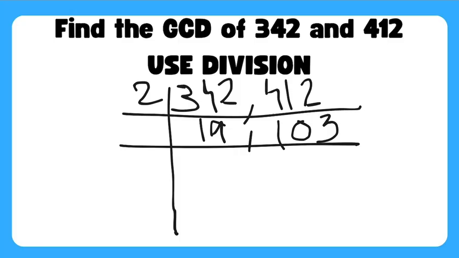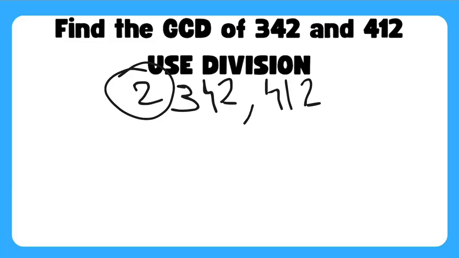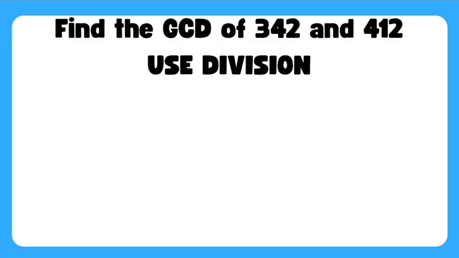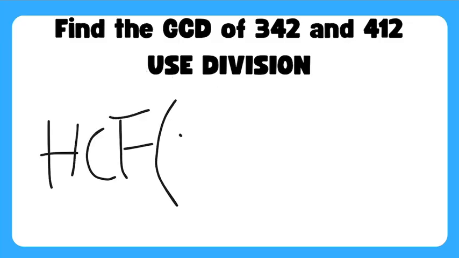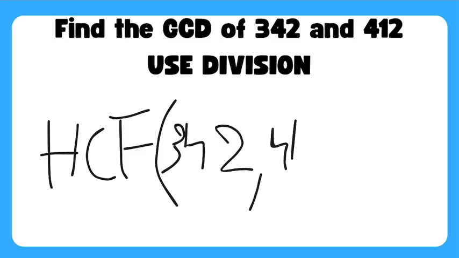And 19, it is a prime number if you check. So that means we're actually done. And the answer is actually 2. So we can now say that the HCF of 342 and 412 is equal to only 2.